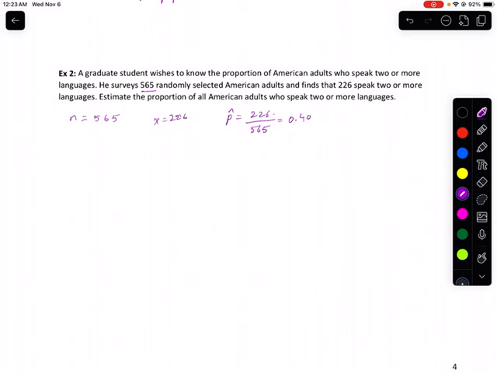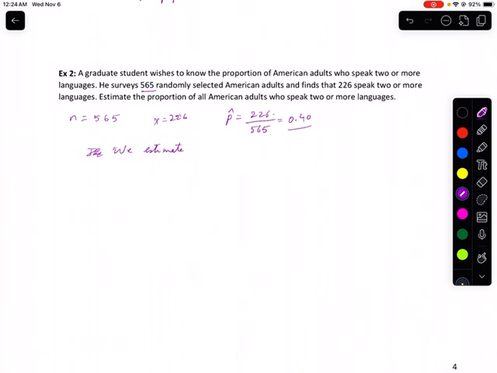It says estimate the proportion of all American adults who speak 2 or more languages. So this is the estimate. We did not construct a confidence interval, the question is just asking for an estimate, so we answer that.